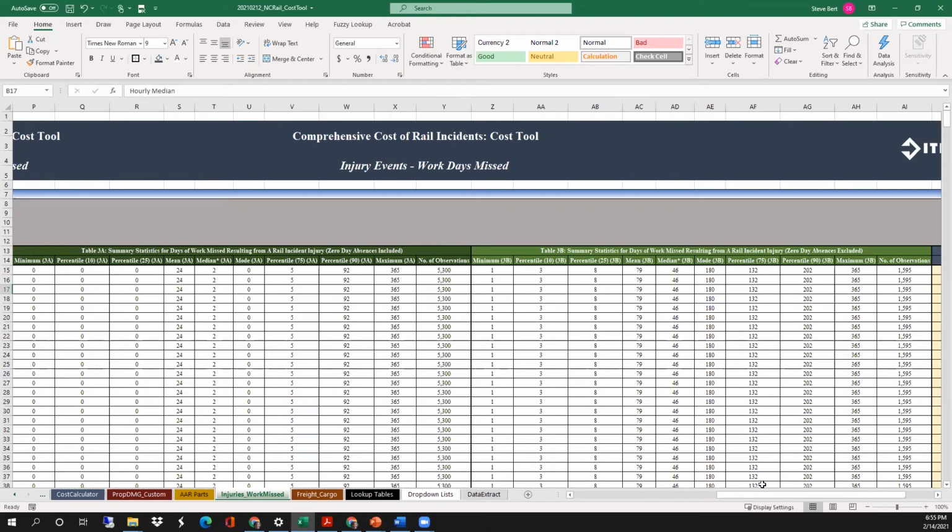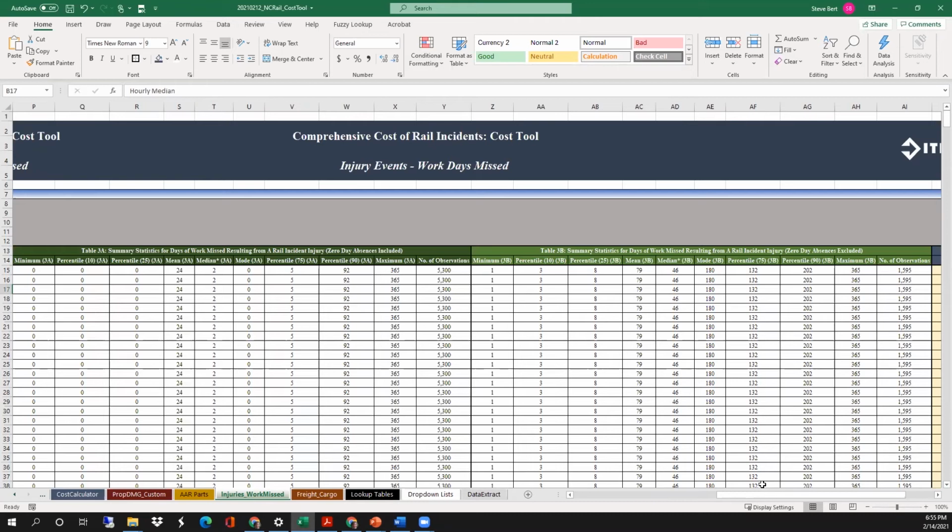These include instances where 0 days of work missed are included in the table. Table B shows the expected values of missing a day of work, the light green. However, instances of 0 days of work missed are excluded from this table.